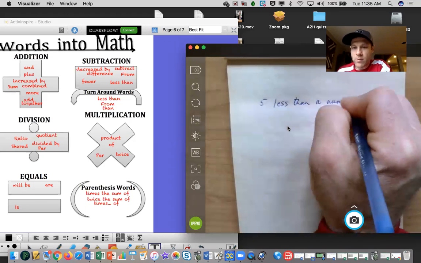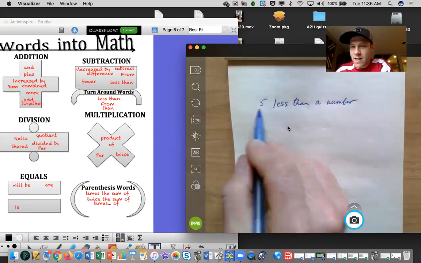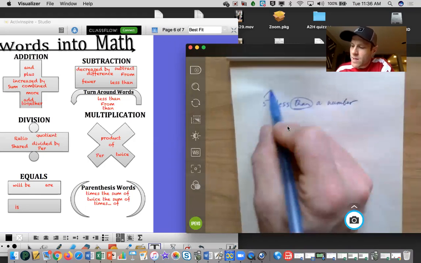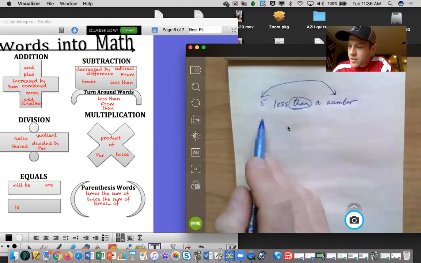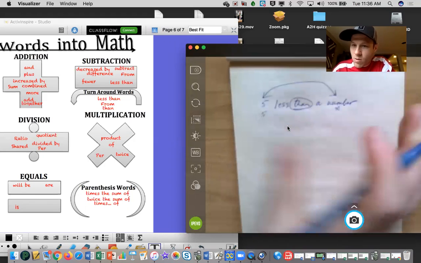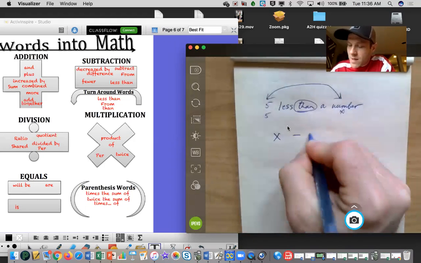Okay, if we have to write that as an expression, and we're going to get into equations, but 5 less than a number, anytime I see the phrase then, I always say turn around from and then. So my number we'll call x, and the 5 will actually switch the order of them. So the x will come first, minus 5.